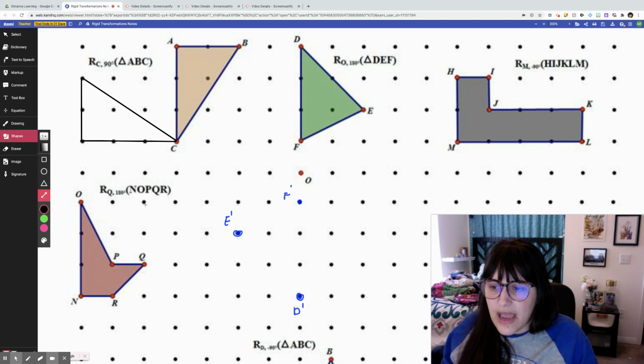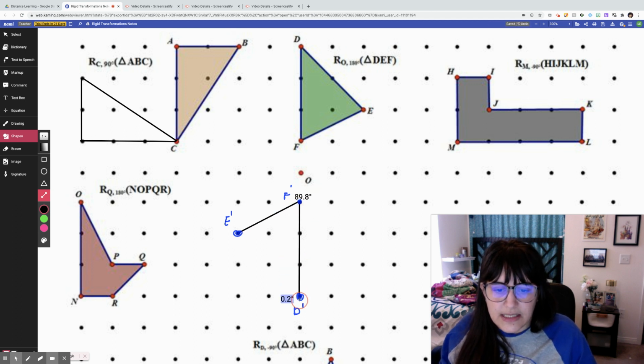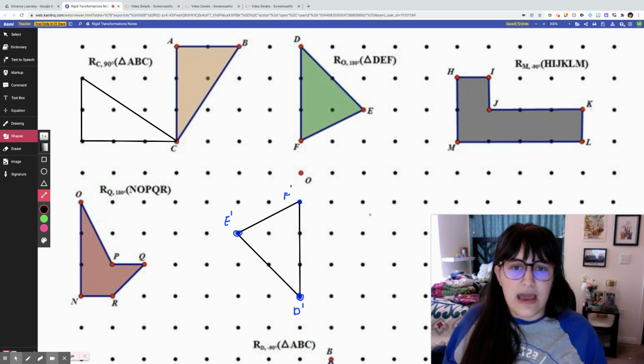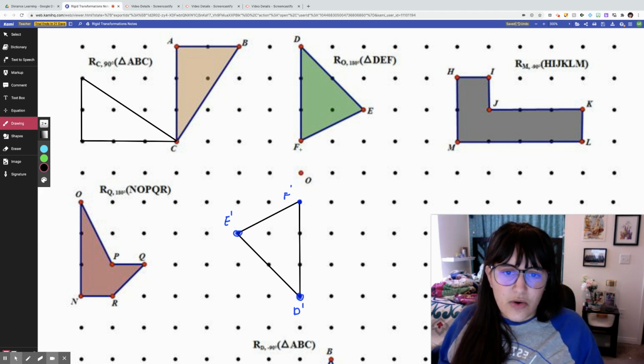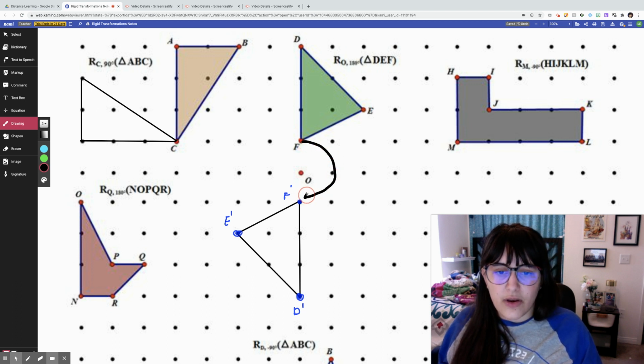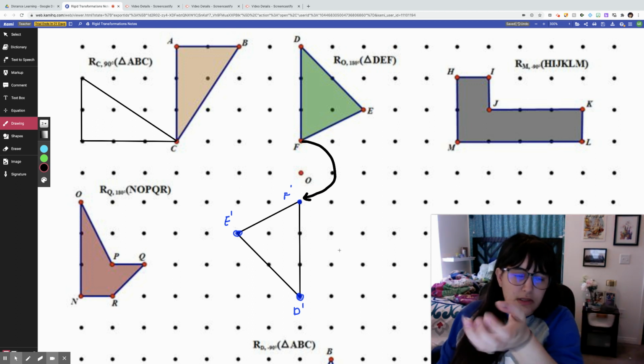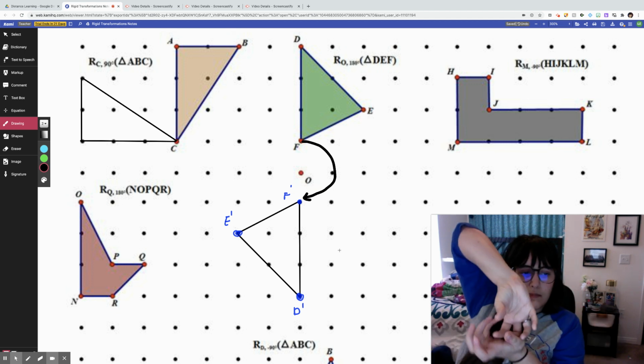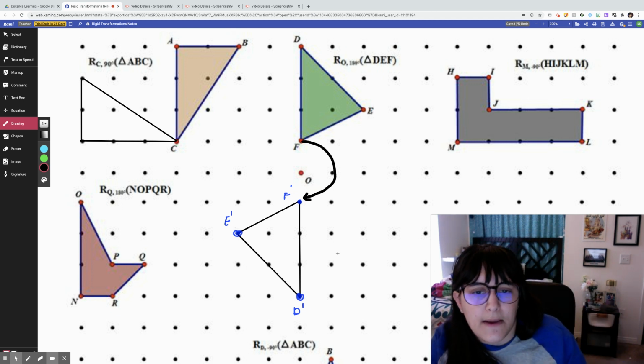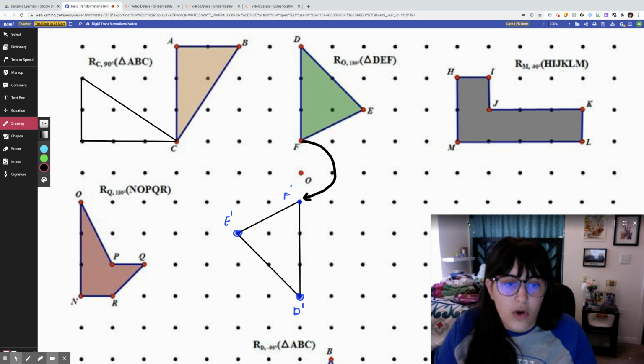Sorry, need my actual line tool, not the pen tool. Okay, so here I'm connecting my dots, 1, 2, and 3. So you can see how essentially what we did is we took these points and swung them around 180 degrees. Same thing with point E and with point D. We took the whole shape and we swung it around 180 degrees, okay? All right, so I'm gonna do one more for you.